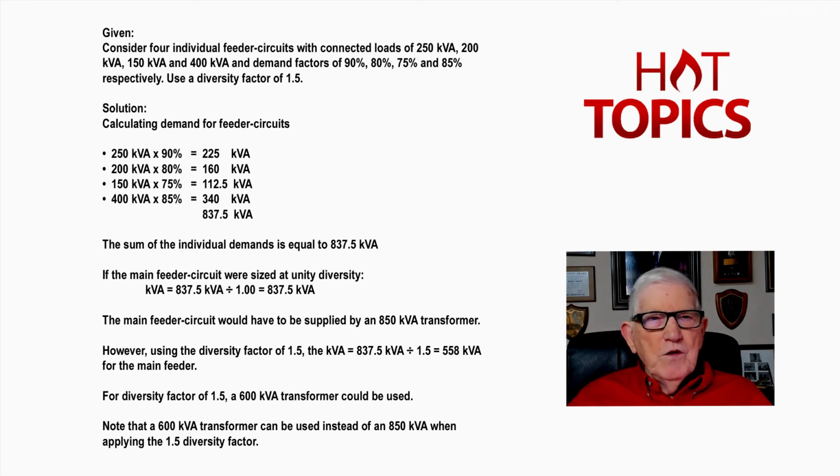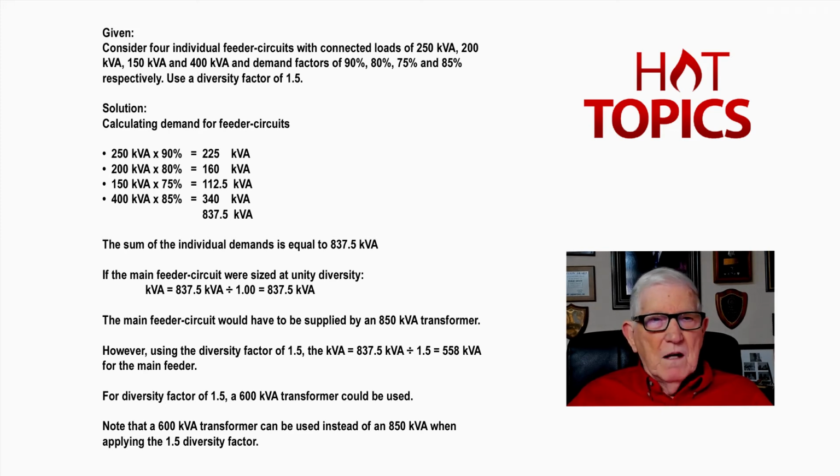The 400 kVA at 85%, we come up with 340 kVA, and when we total it, we come up with 837.5 kVA. Now that is the sum of the individual demands.